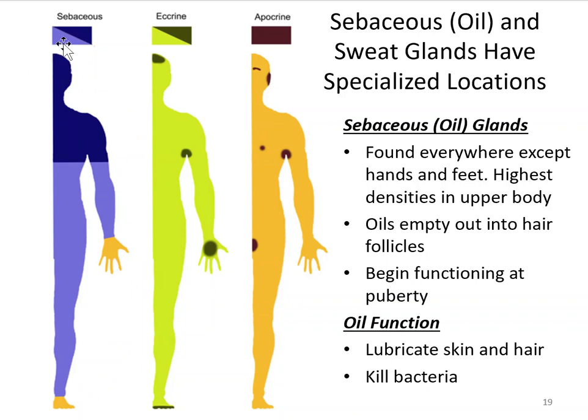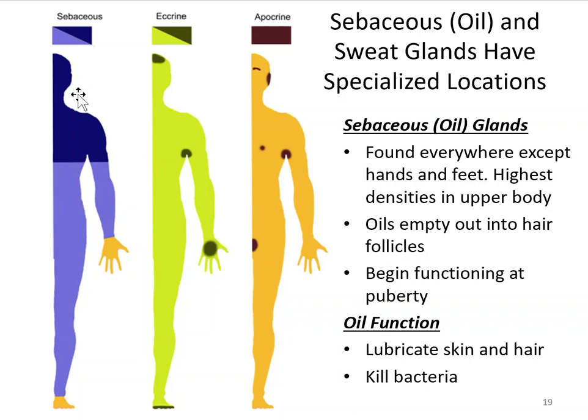The lighter blue color is where you have a lower density of oil glands. So roughly from your chest down, or from the middle of your arm down and cutting off about at your wrist, you have a low density of oil glands, but they are there.